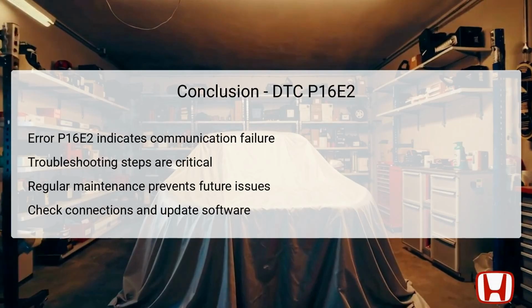Each step builds on previous findings to ensure a systematic approach, minimizing the chances of oversight. Regular preventative maintenance can significantly reduce the likelihood of similar issues down the road, emphasizing the importance of checking connections and keeping software updated for the PCM. By adhering to these recommendations, vehicle owners can ensure a reliable running condition for their Honda CRV, enhancing both performance and longevity.